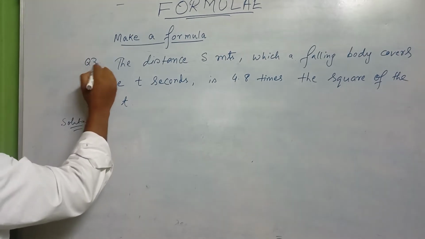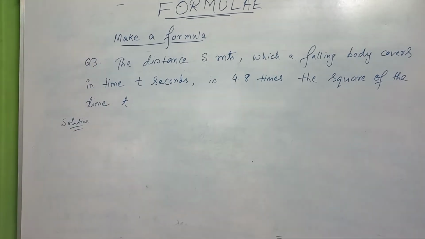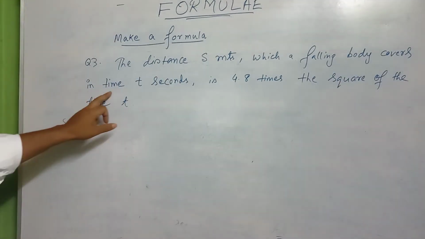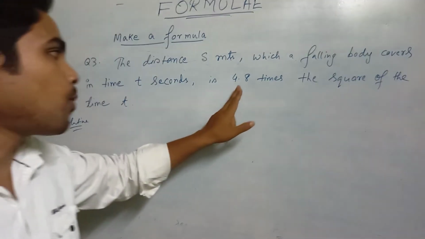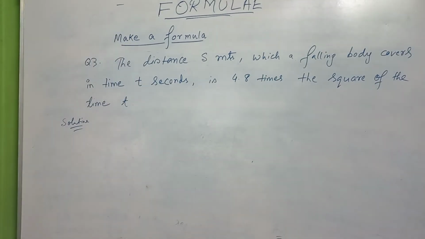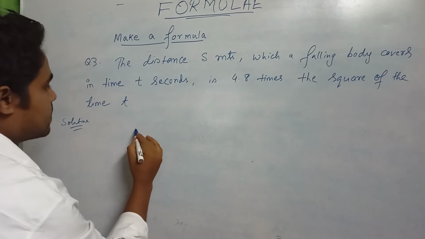The distance s meters which a falling body covers in time t seconds is 4.8 times the square of the time t. So the distance is s.